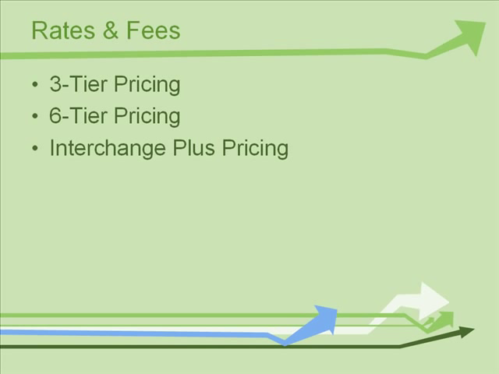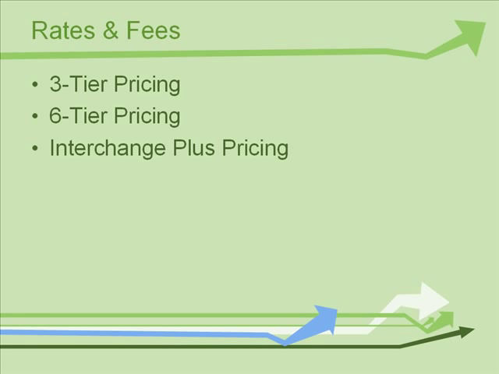Now, some companies also fall underneath what's called interchange plus pricing. Basically, they say, okay, here are the interchange tables, which are public notice on the Visa and MasterCard sites. You're going to pay this plus point whatever percent for us to put the services there. So as interchange changes, your rates will adjust with interchange, whether it goes up or down, and then you pay a flat per transaction fee or a discount rate on top of that.